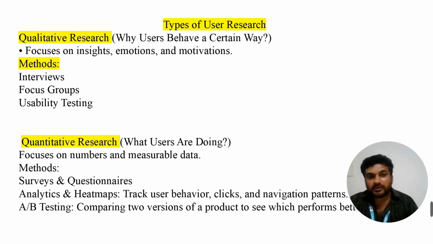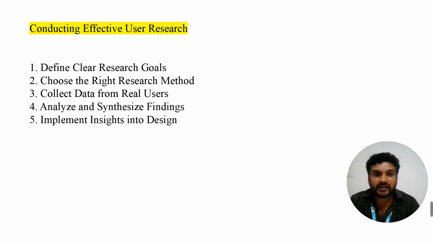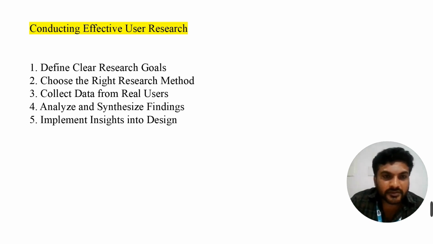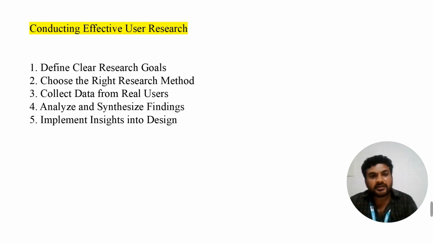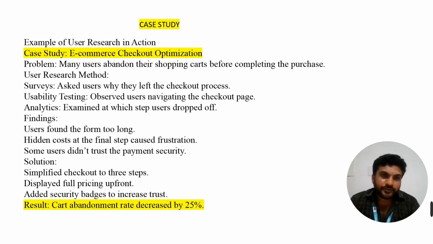Likewise, we have this kind of user research. Conducting effective user research: define clear research goals, use the right research methods, collect data from real users, analyze and synthesize findings, and implement insights into the designs.